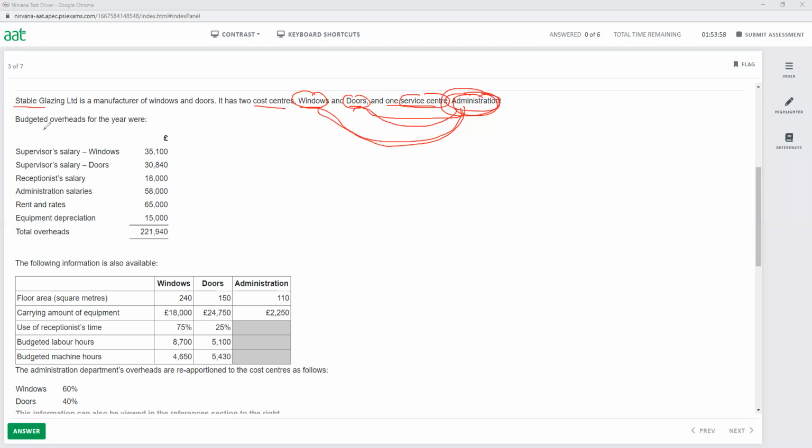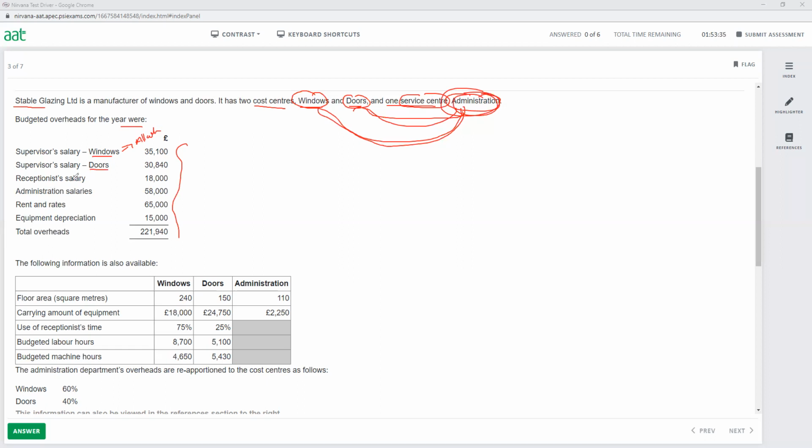All right. Budgeted overhead for the year. So we have overhead. We have a supervisor salary for window, so we know this salary belongs to window, so we can allocate it. If I exactly know where this cost will go, it is called allocation. Supervisor salary for doors is also allocation.